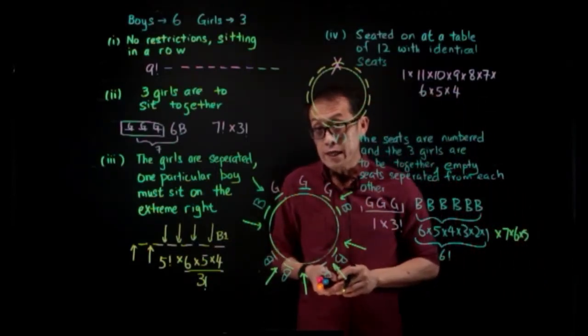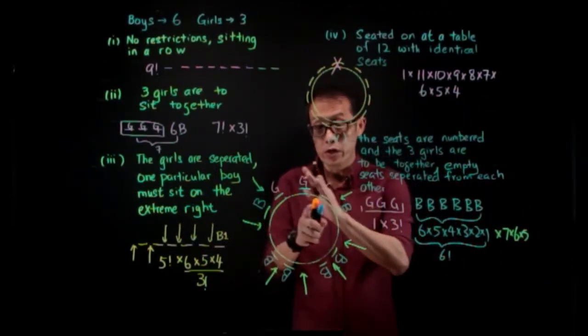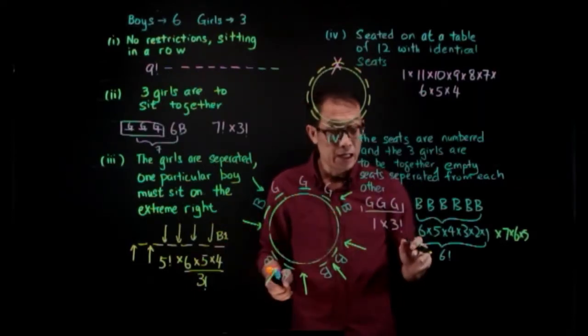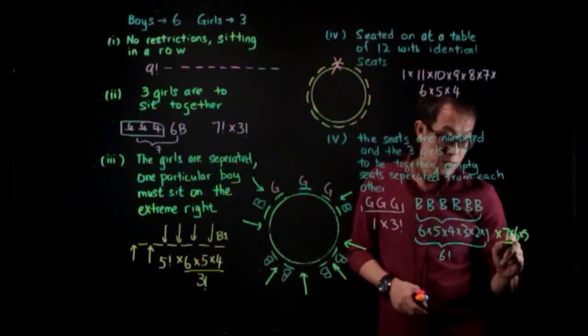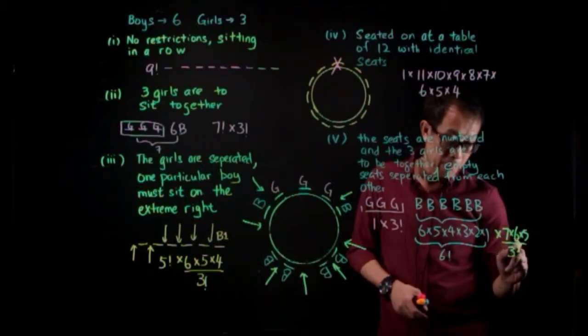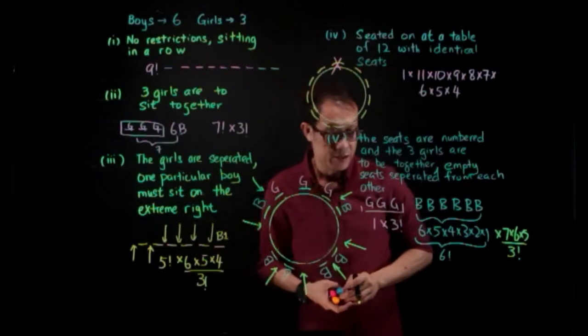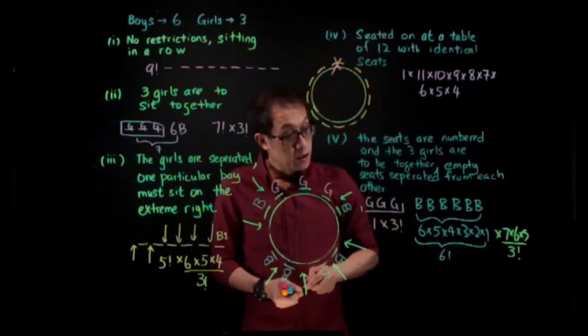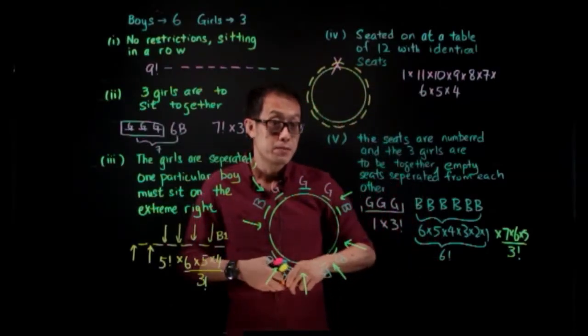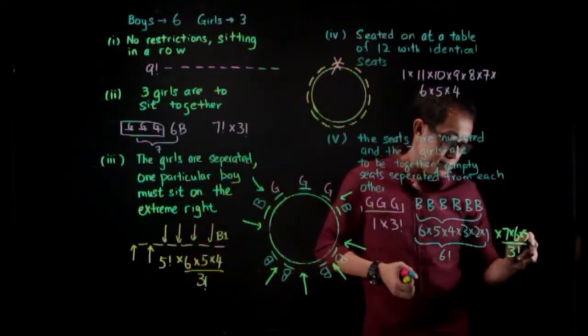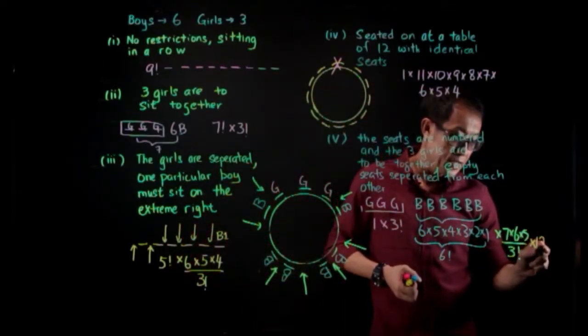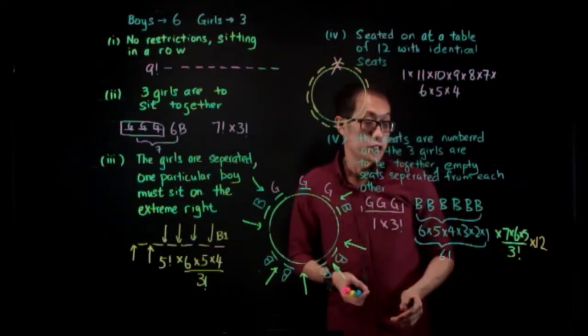Not forgetting that the chairs are similar because we assumed the chairs are identical first, you must divide by 3 factorial. Now there are 12 different chairs, so we need to multiply this by 12. That is your final answer to this question.